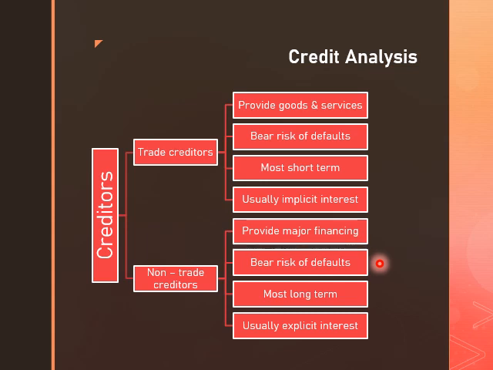Non-trade creditor ni macam debentures and also banks lah, bank loan. And it usually explicit interest. Explicit means masa the company wants to borrow the loan, dia akan specify directly berapa rate of interest untuk the loan. Okay.